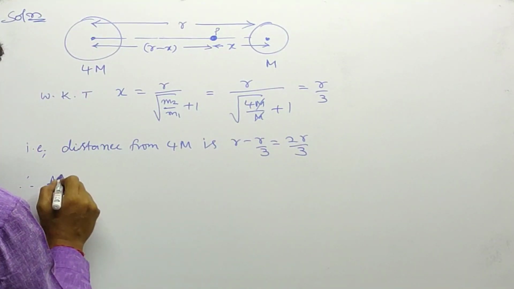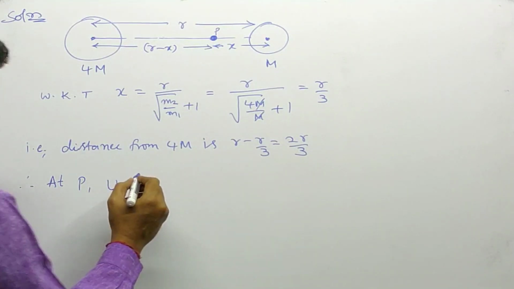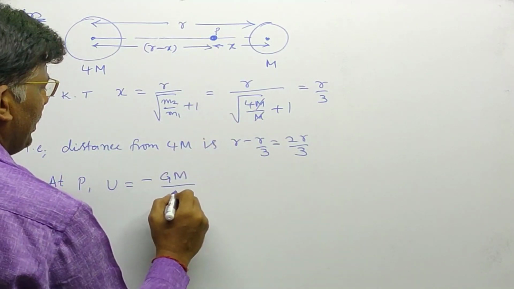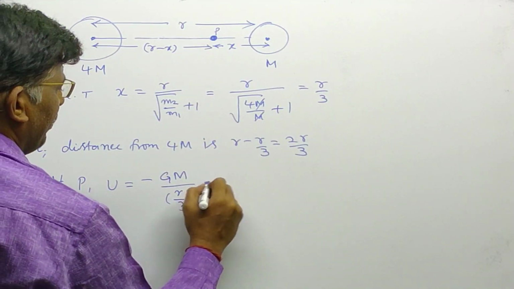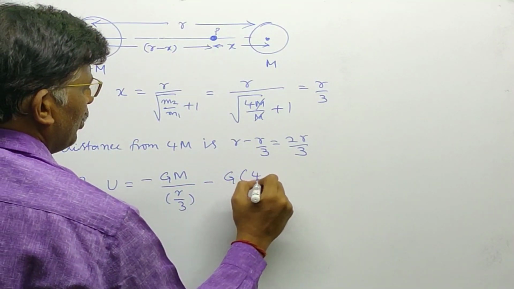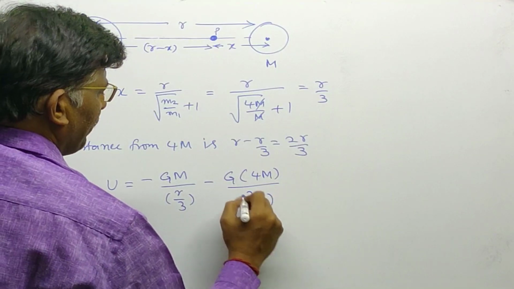Therefore, the gravitational potential at P is equal to the potential due to the smaller mass, minus Gm by (r by 3), minus the potential due to the larger mass, G into 4m divided by (2r by 3).